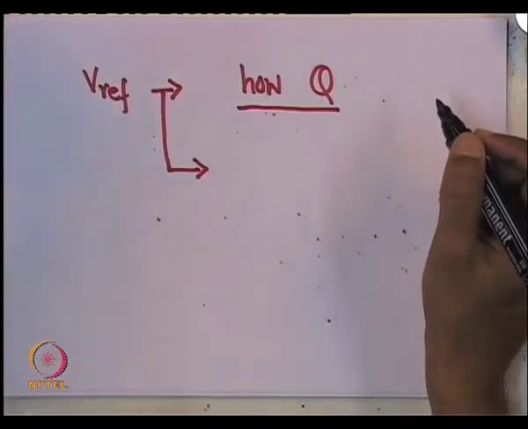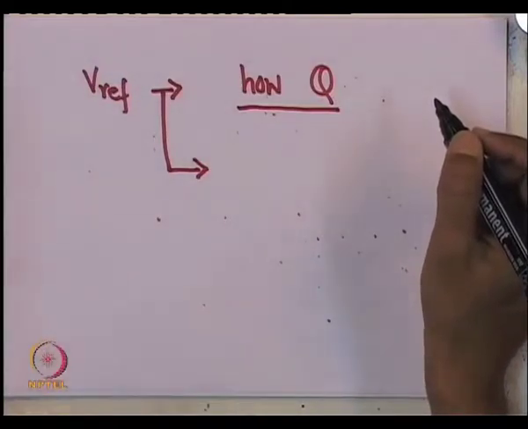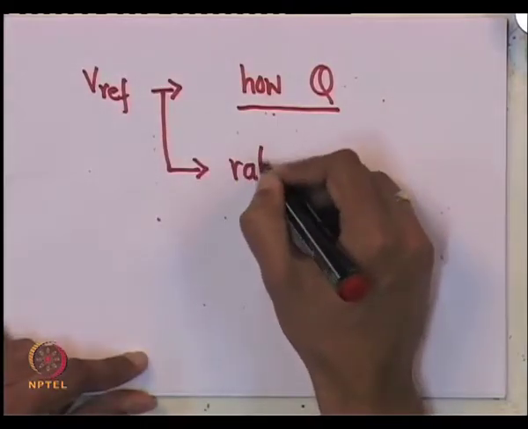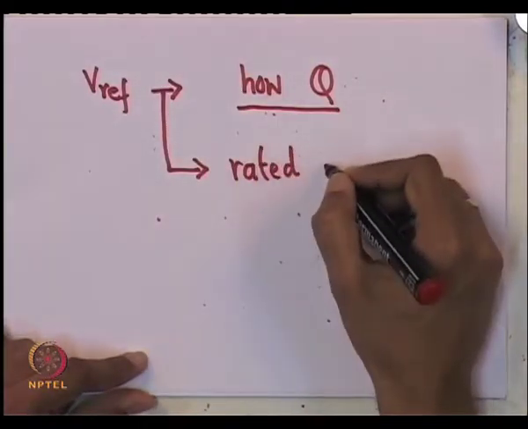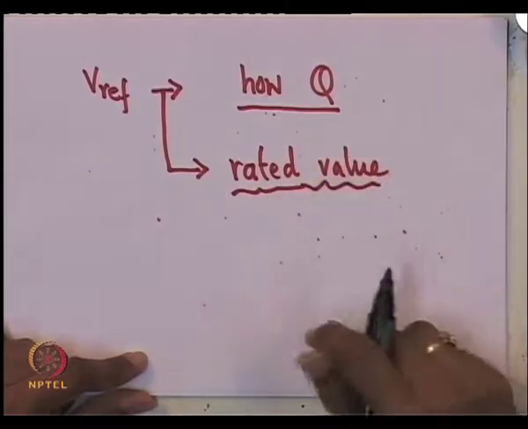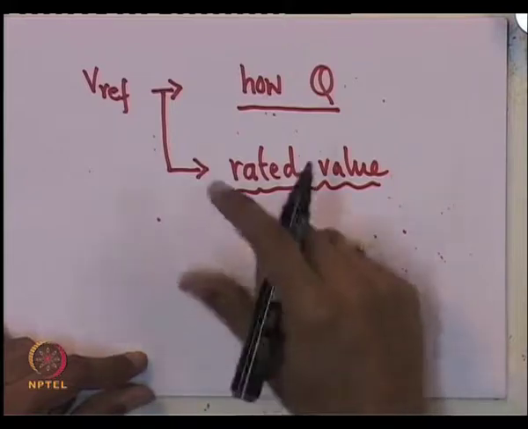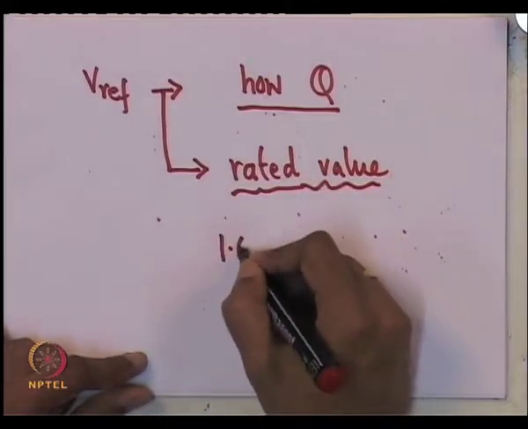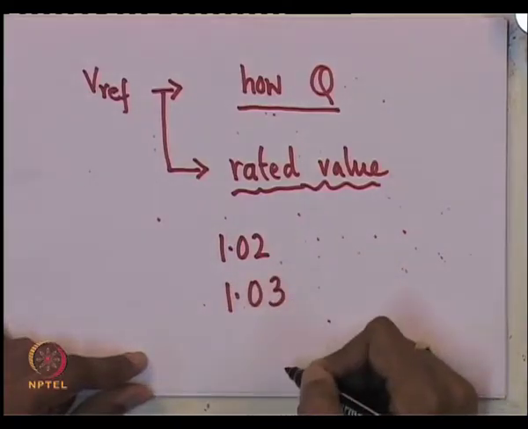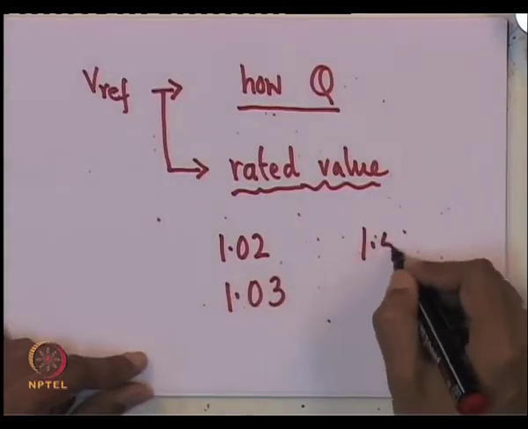A power plant operator could tweak this Vref near about the rated value of the synchronous machine. We can expect Vref to be say 1.02 or 1.03, but please do not expect it to be 1.5 or so.